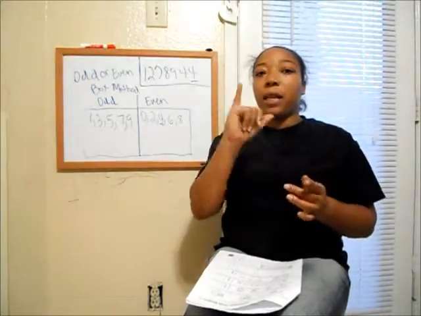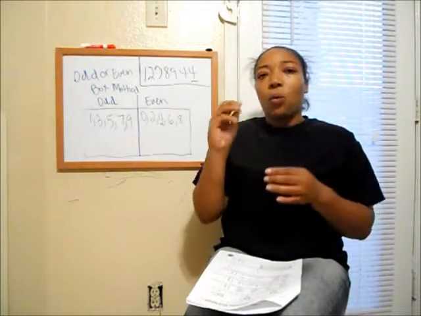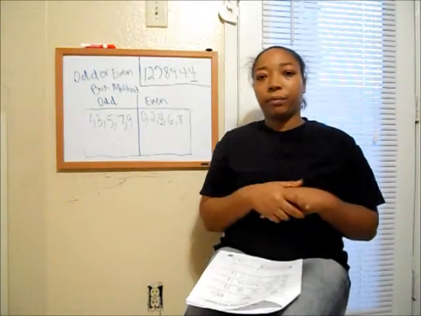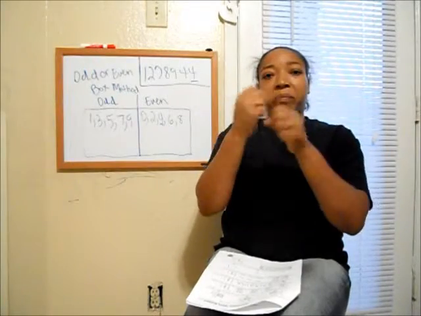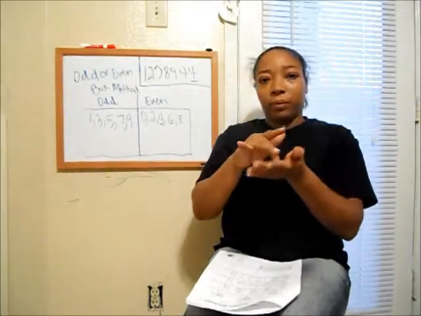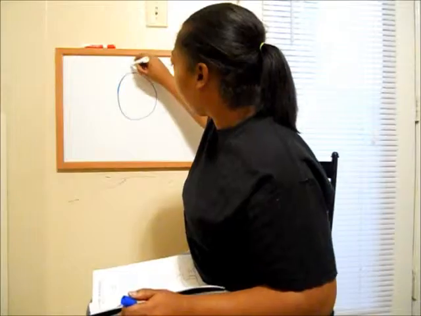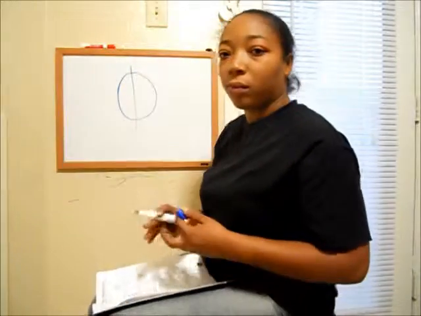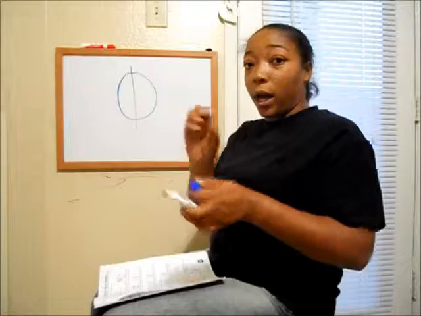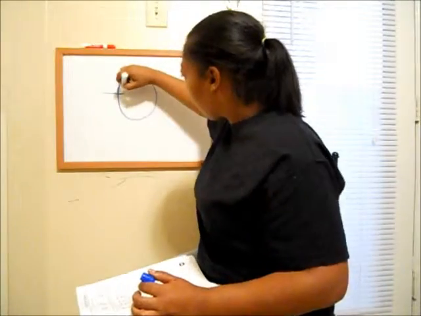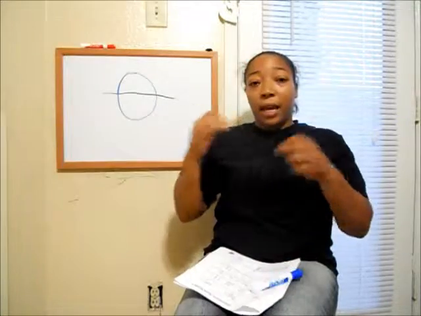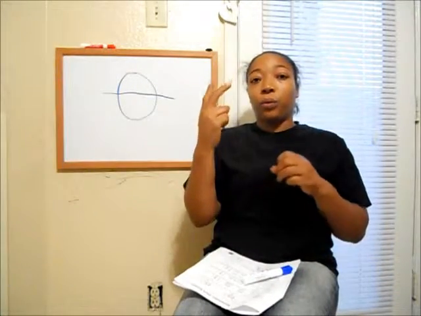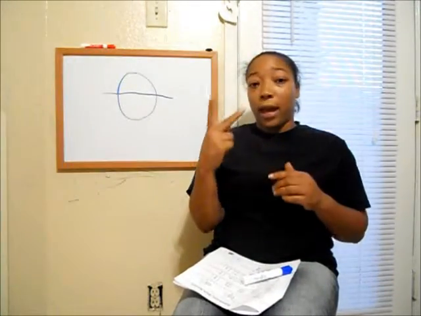If it is something like a pie, what do we do? Right, just make a line in the middle. An example, that's one way, or like this. That line makes 2 equal halves.